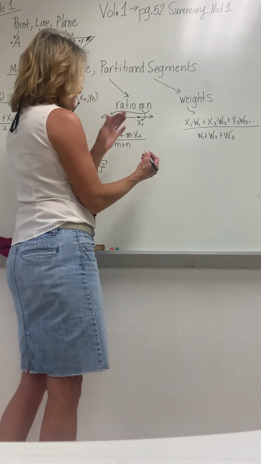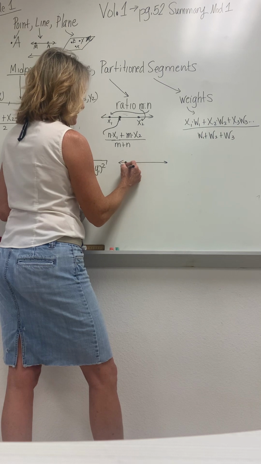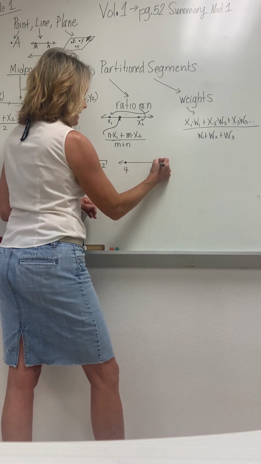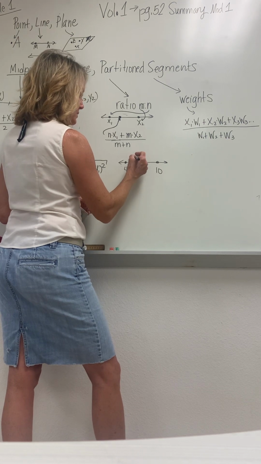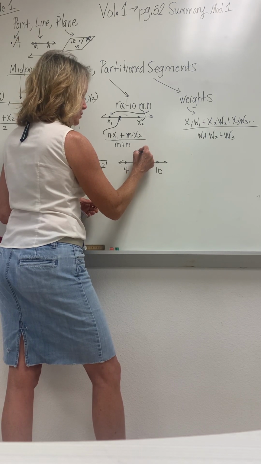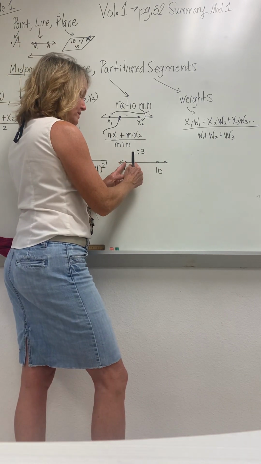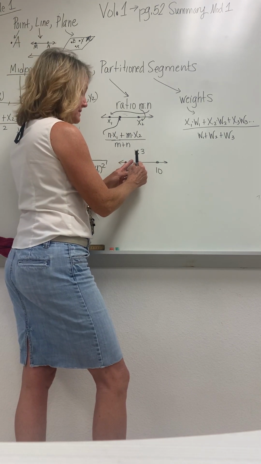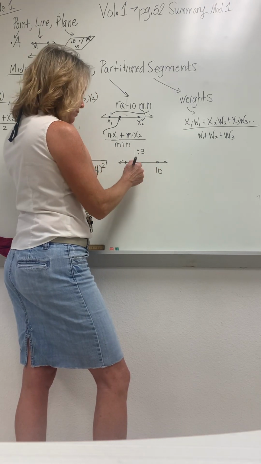Let's just do a quick example of that, on a number line. Let's say we have the number 4, we have the number 10, and I want to find point C so that C splits them up into a 1-to-3 ratio. That would mean there would be 1 part between 4 and C and 3 parts between 10 and C, 1-to-3.